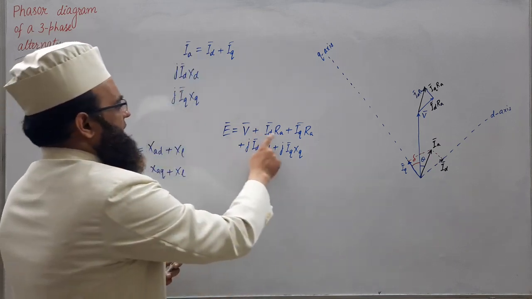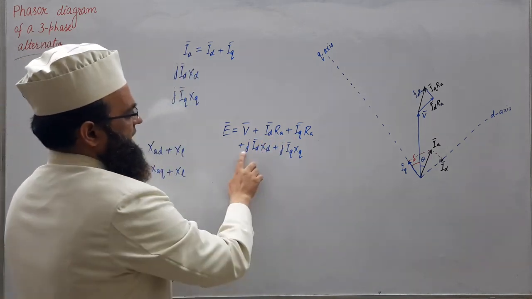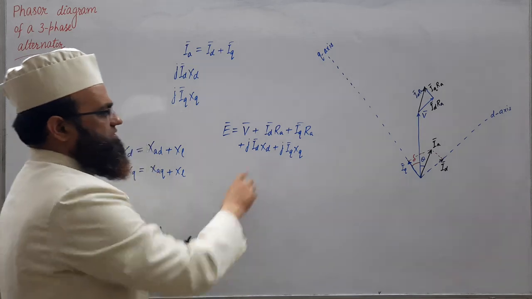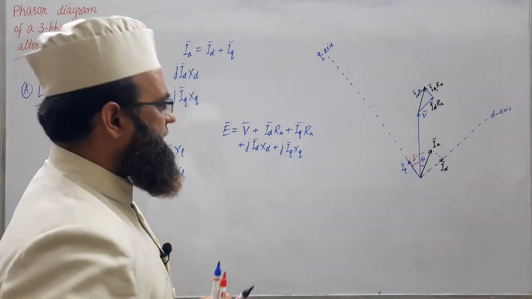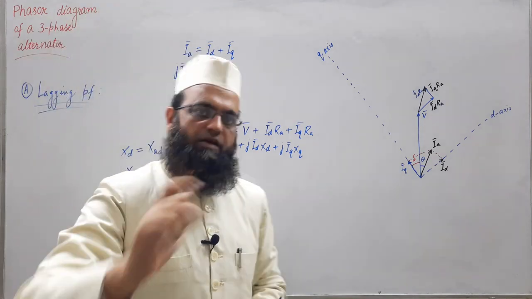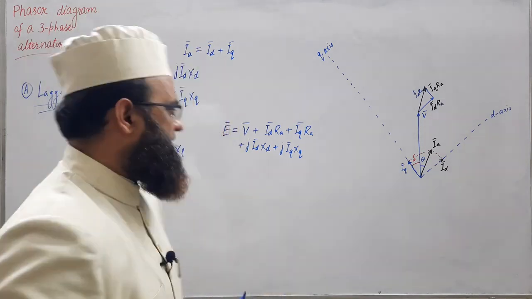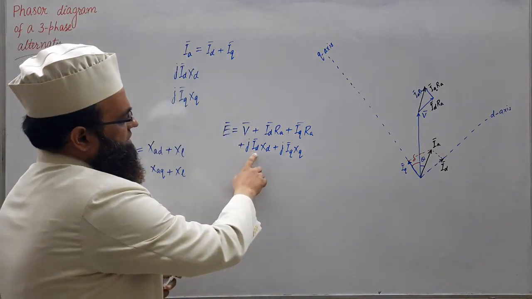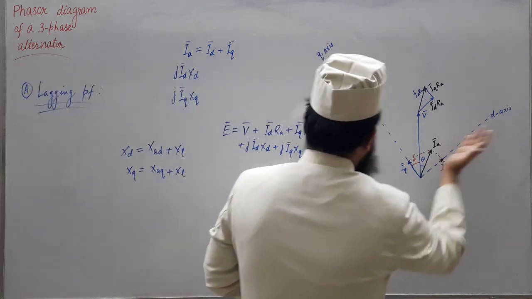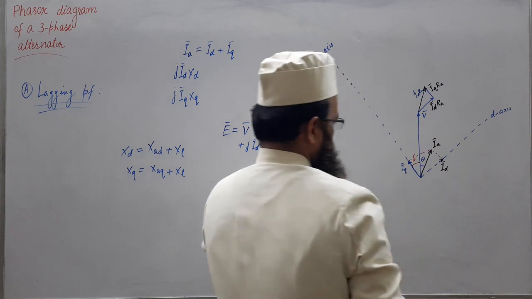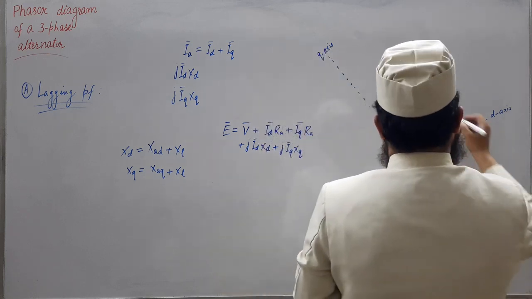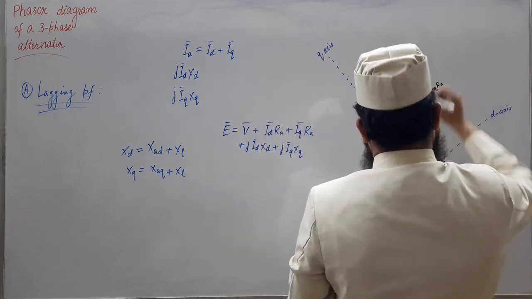Now in this phasor we have added these. Next we have to add J times ID XD. The J operator rotates the phasor by 90 degrees in the anti-clockwise direction, we know it very well. So if this is ID, then J ID will be perpendicular to this.